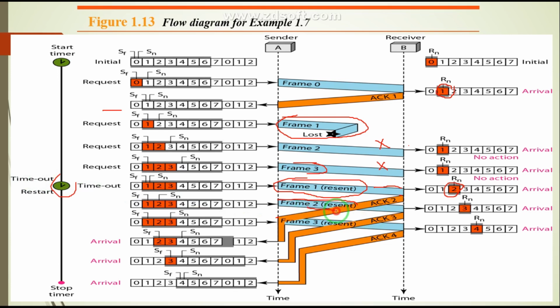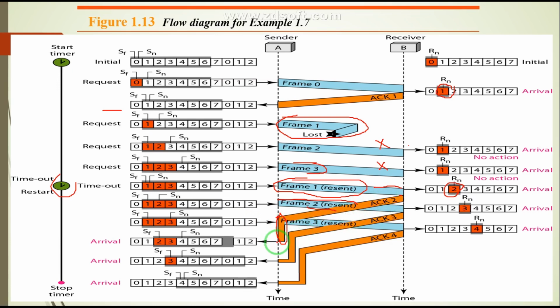So frame 2 has been resent, frame 3 has been resent, and accordingly the receiver window Rn is going to shift. Now you can observe this vertical line over here. It tells you that the sender is busy in sending the frame, although it has received the acknowledgement. So this is the delay in accessing the acknowledgement.